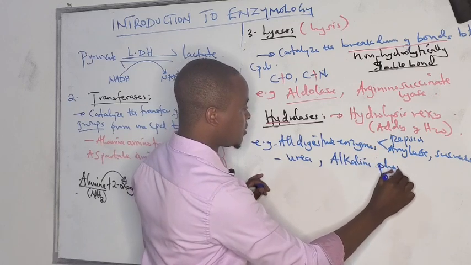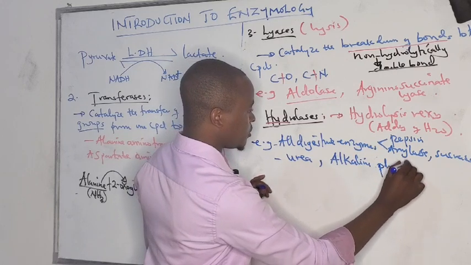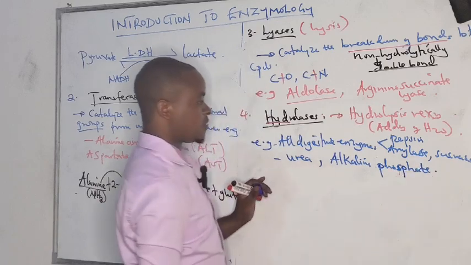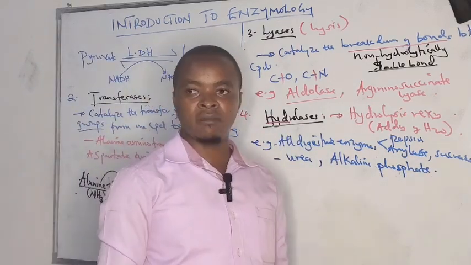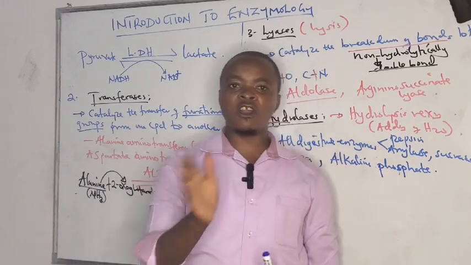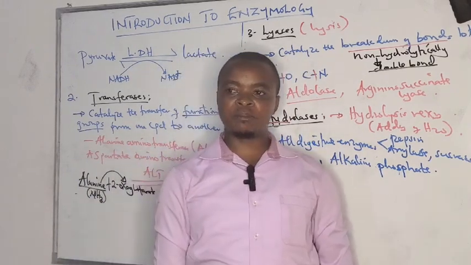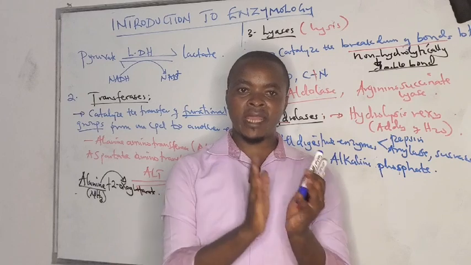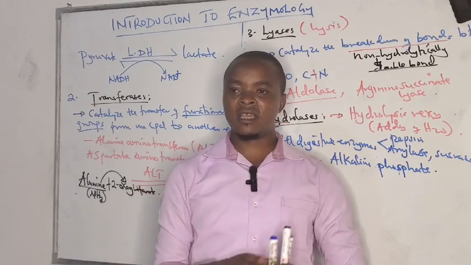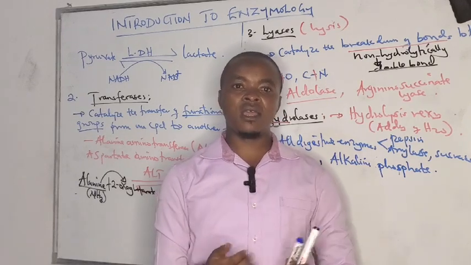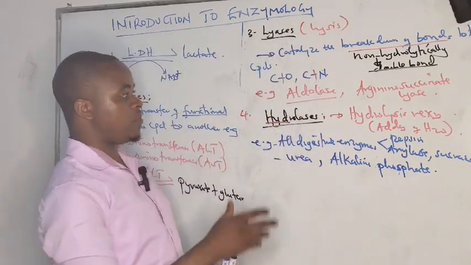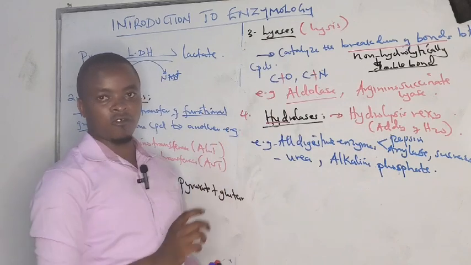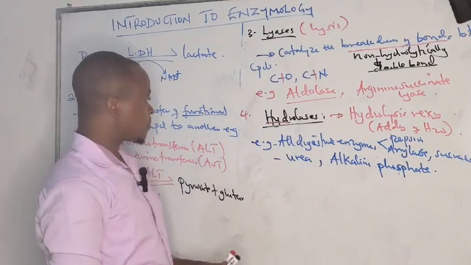Alkaline phosphatase is also a hydrolase. So these are the examples. In an exam, if they ask you that the following are hydrolases, except, you should know the examples. All digestive enzymes in the GIT, urease and alkaline phosphatase are all hydrolases, whereby they break bonds by addition of water into the bond.